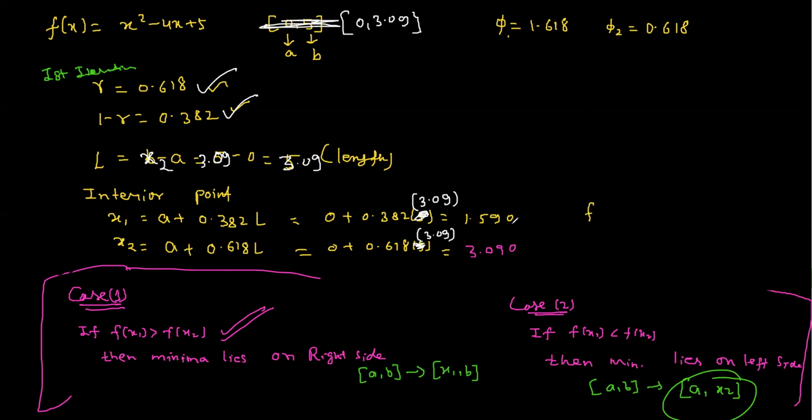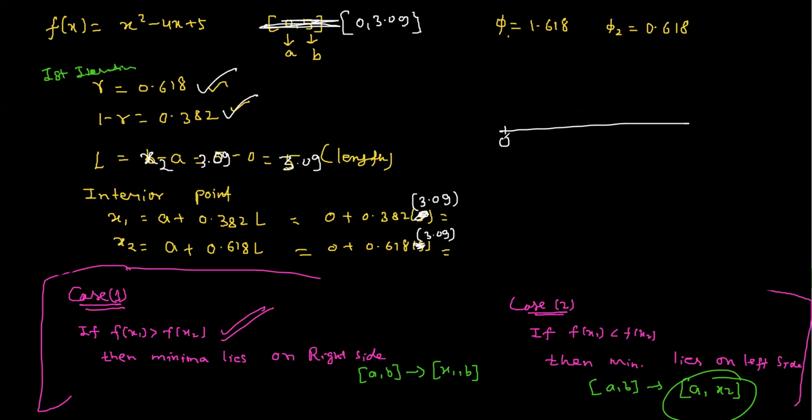Find the value. Okay, what is the value of this? This is also updated. Tell me, 3.09 into 0.382. You can draw here for your easiness.